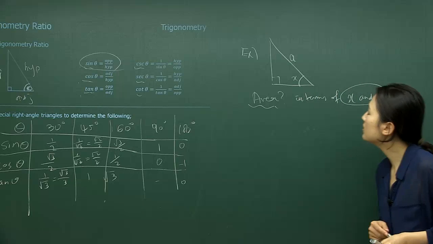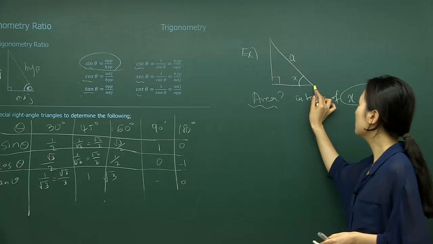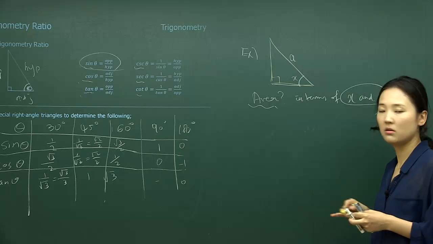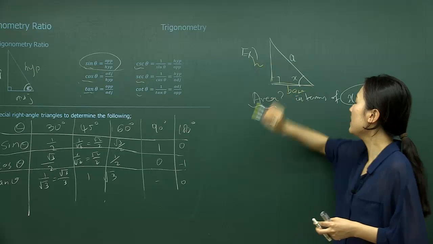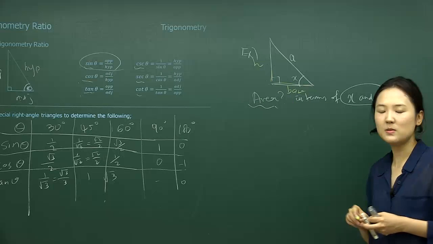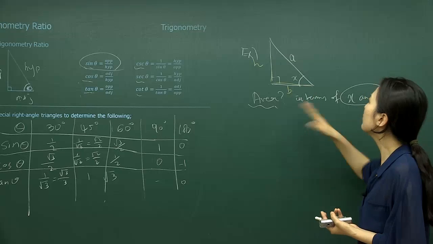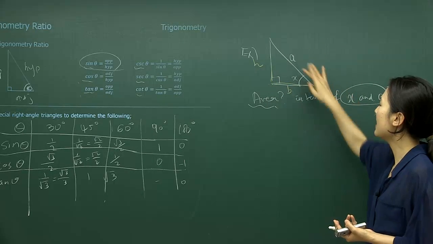What do you usually do when you're looking for the area of a right angle triangle? Don't you look for the length of the two legs, multiply them and divide by 2, right? You look for the base, and you look for the height, and you multiply and times it by 1/2, right? So let's try looking for your base and the height, but this time using A and x.